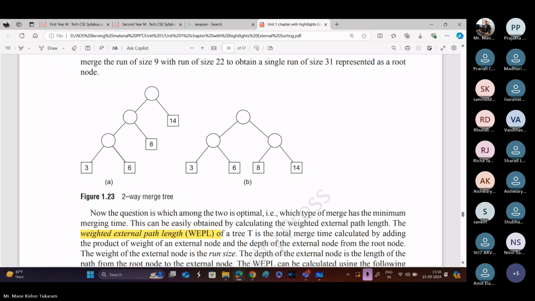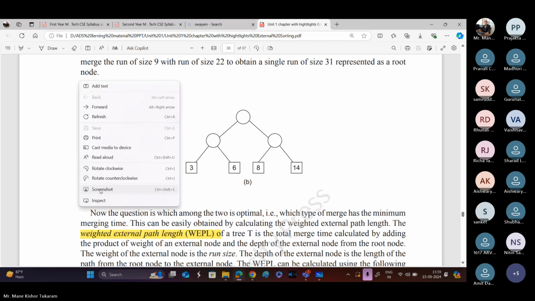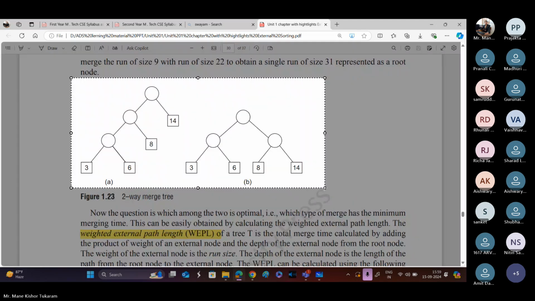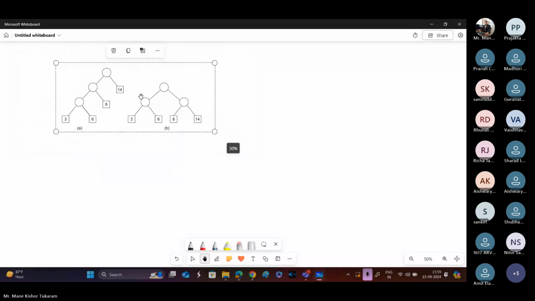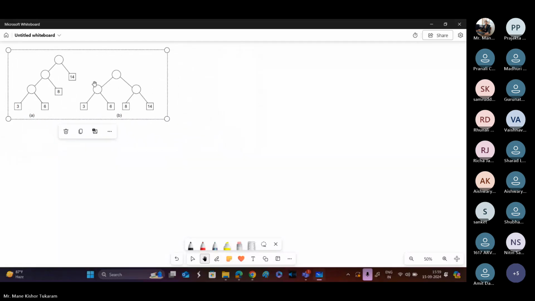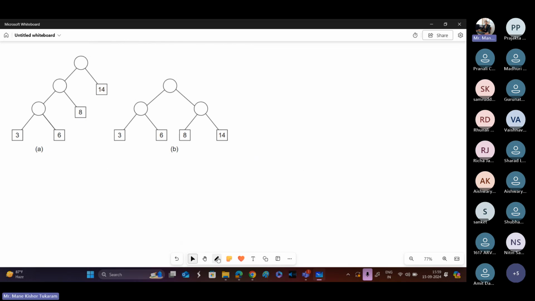Okay. So here, suppose I take this example over here. I choose the two structures and paste them over here. Okay. And here I want to find the levels. So 1, 2, 3.